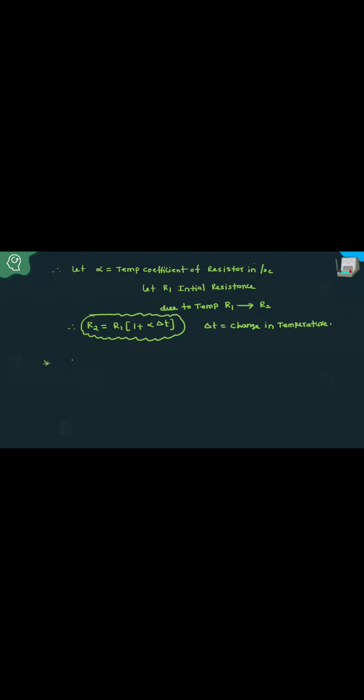Let rho naught be the initial resistivity. Then due to temperature, rho t equals rho naught into (1 plus alpha into delta t). You can also write resistivity in terms of the temperature coefficient.